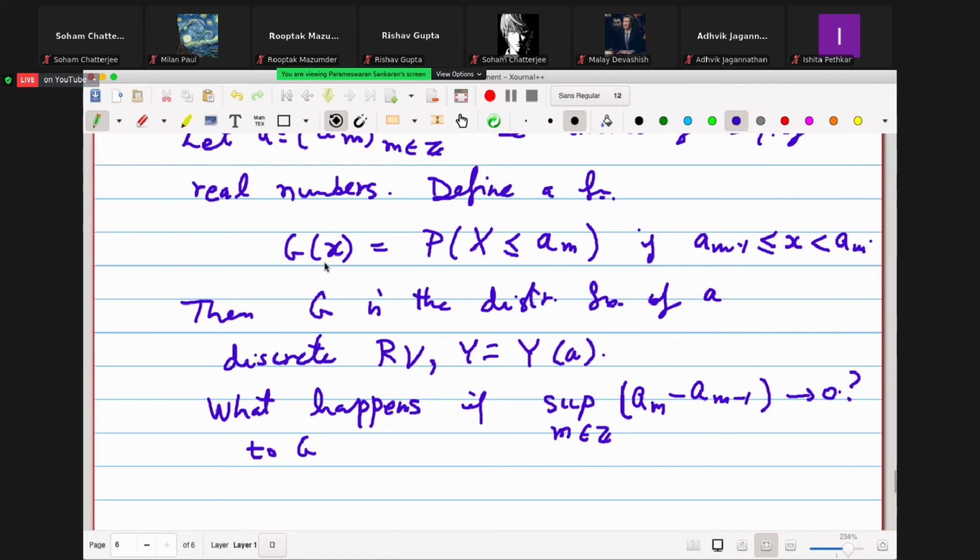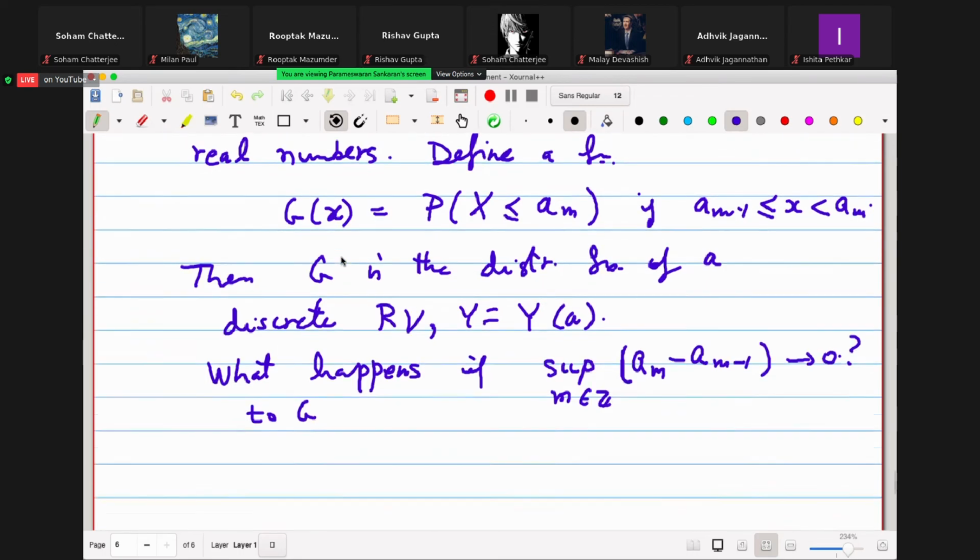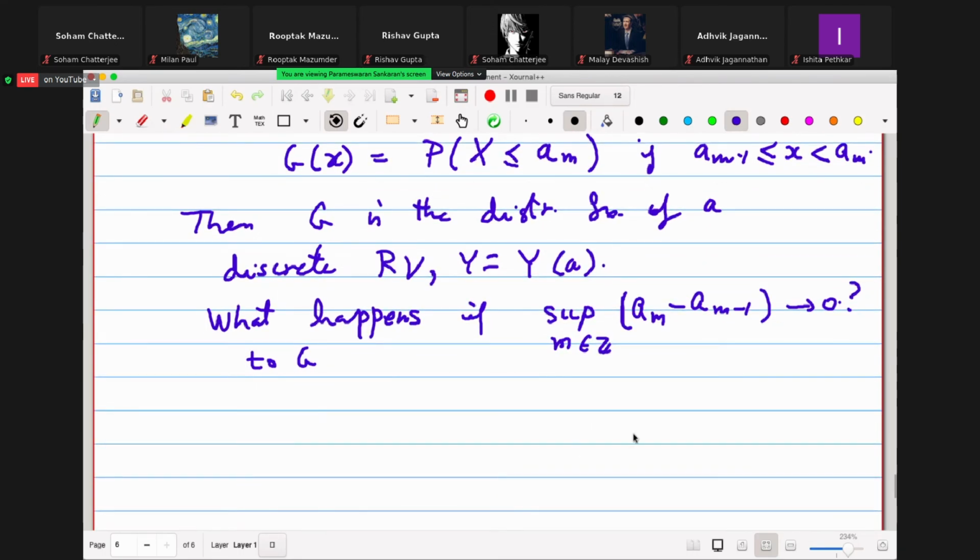The thing is, what about the limit? This is one thing we need to worry about. So I'm just checking that Y is a discrete random variable. So G takes values in a countable set.